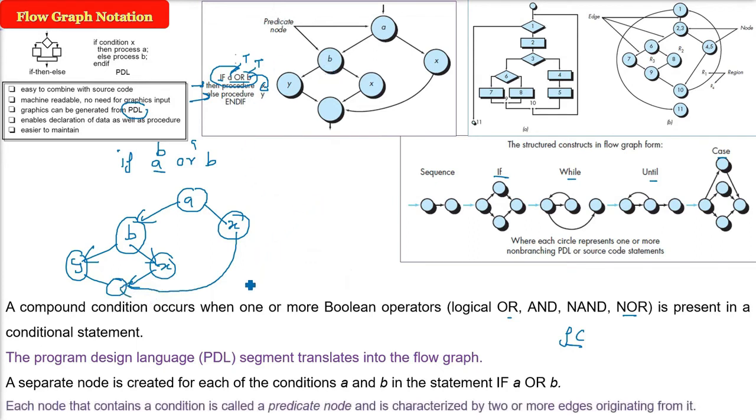So each node that contains a condition is called a predicate node, and it is characterized by two or more edges originating from it. Any node from which two or more edges are originating will be a predicate node.